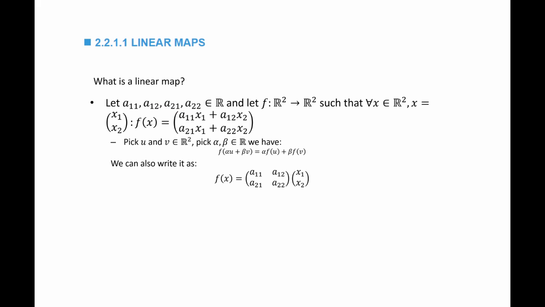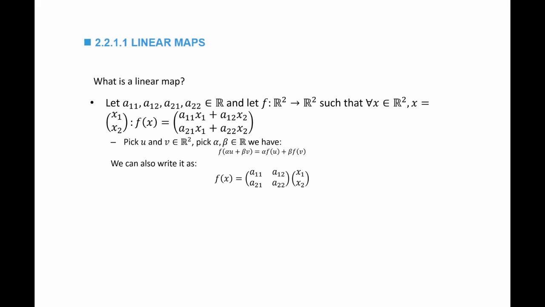And again, if you pick u and v in R2 and pick any alpha, beta in R, then you have f of alpha u plus beta v is equal to alpha f of u plus beta f of v. And you can also write this function in this form. F of x is equal to this matrix of constants a11, a12, a21, a22 multiplied by the vector x.